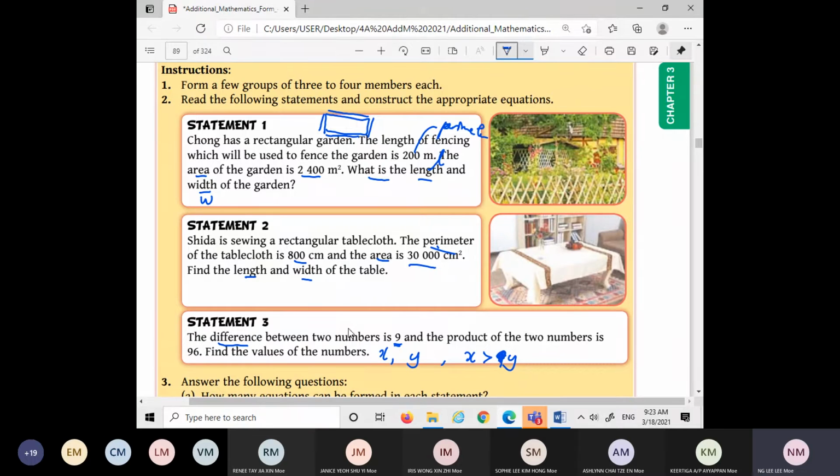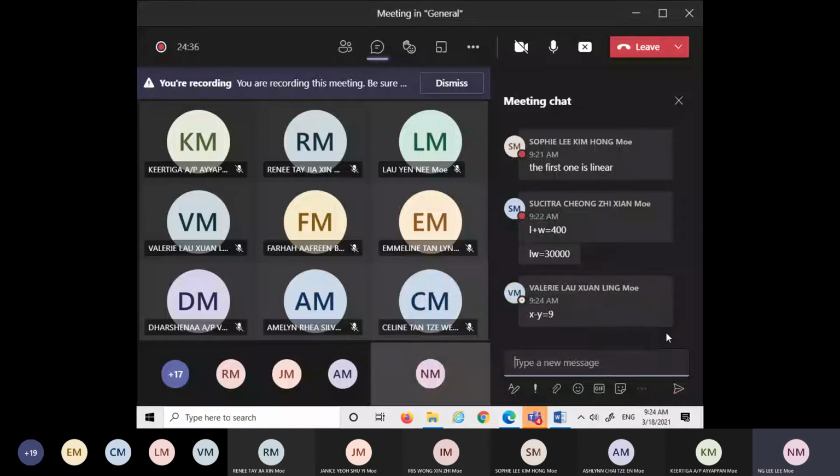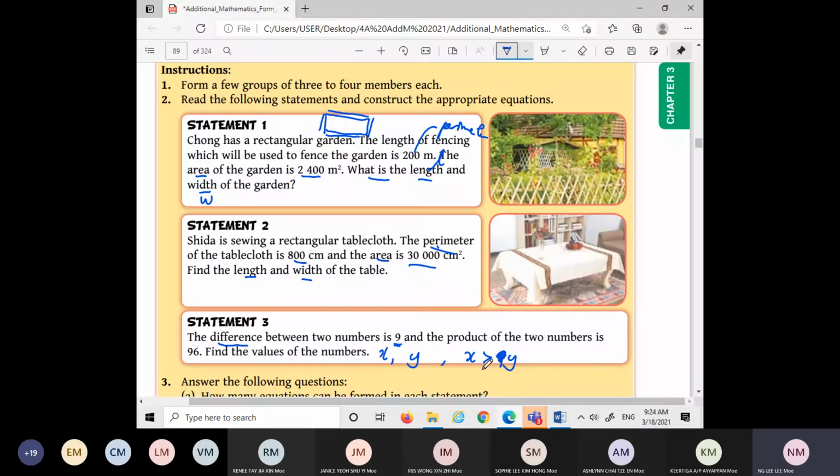So Valerie, can you help me to form the two equations? x minus y equals to 9. Since x is bigger, x minus y is a positive 9, correct?